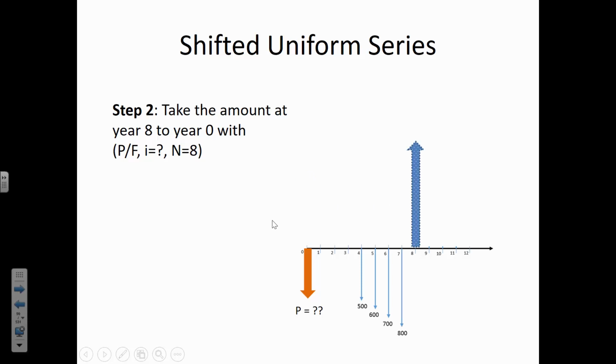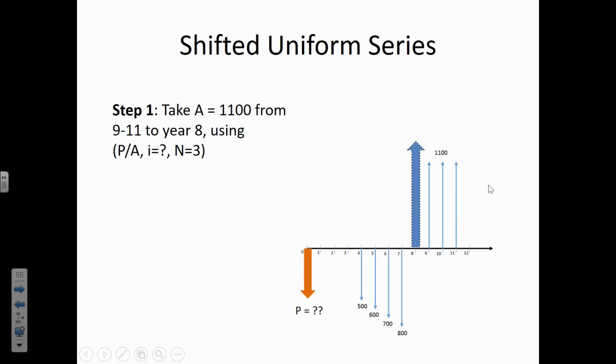Back when we took it from here to here, we treated year 8 as if it was year 0. It was kind of like a quasi-0. It's like a temporary realignment of what we consider time. We're saying here's the annual series. 1 year before the first amount is our time 0.